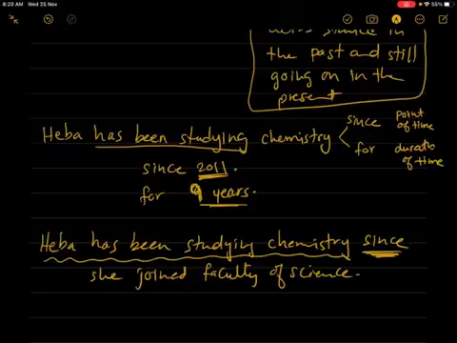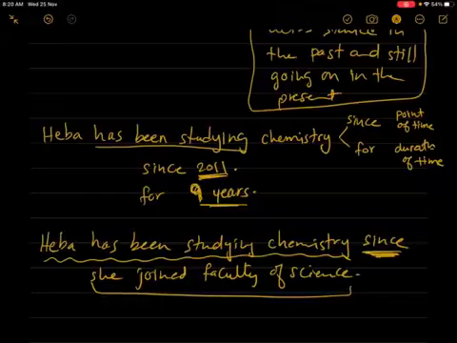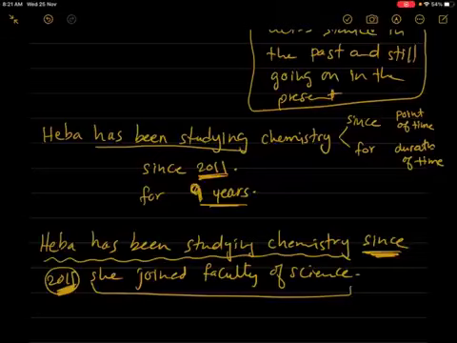So Hiba has been studying chemistry since, instead of saying for example here a number, for example 2011, in 2011 it's equal to the time when she joined the Faculty of Science.